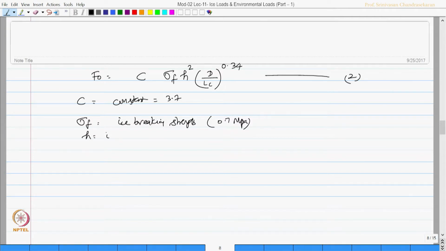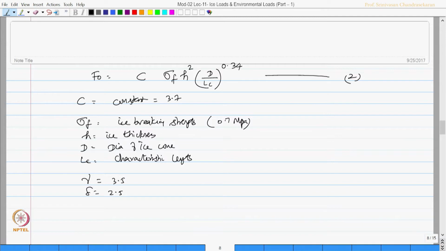H is the ice thickness, d is the diameter of the ice cone, and L c is the characteristic length. So, in the equations, the power gamma and delta are respectively 3.5 and 2.5.